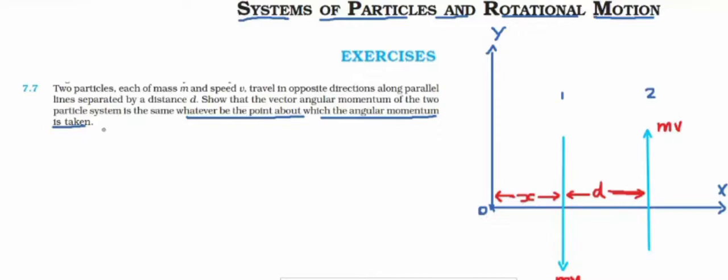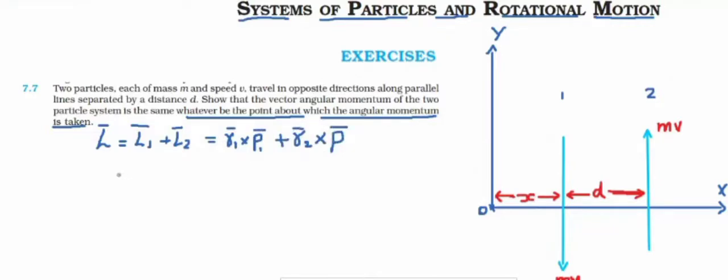So here we can take the total angular momentum L equal to L1 plus L2. That is equal to R1 cross P1 plus R2 cross P2, because L is equal to R cross P. For the first particle, x is the distance.